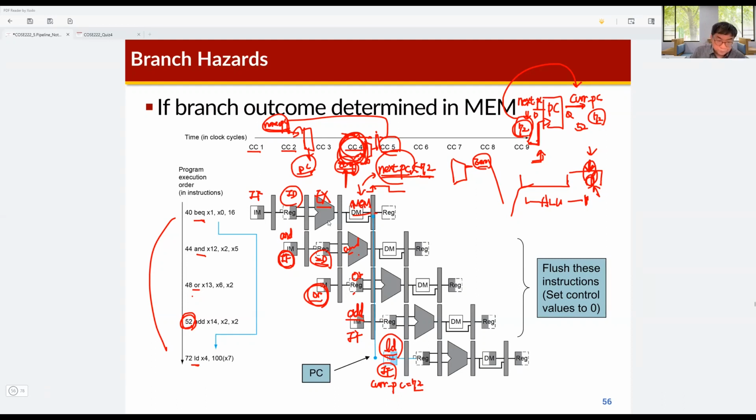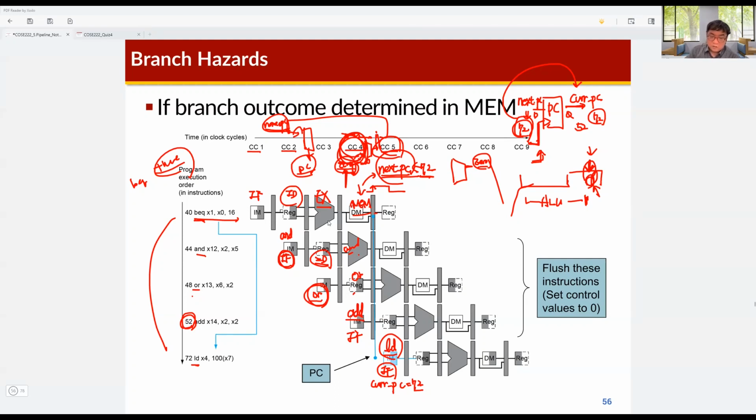So in this example, the condition of the BQ is true, but when this result is reflected to the pipeline process, at clock cycle number 5.